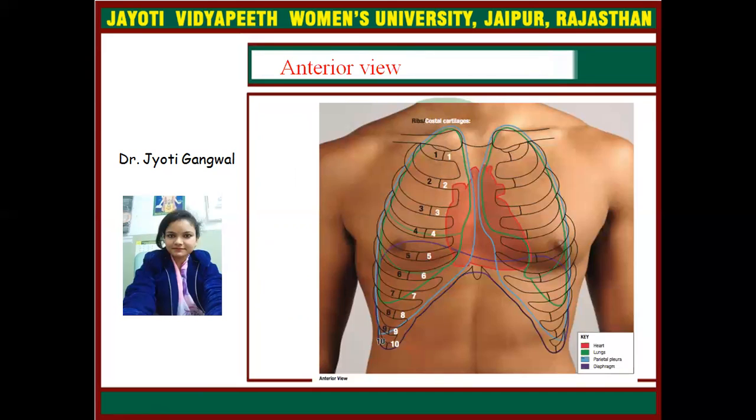The lower border of each lung lies 2 ribs higher than the pleural deflection.